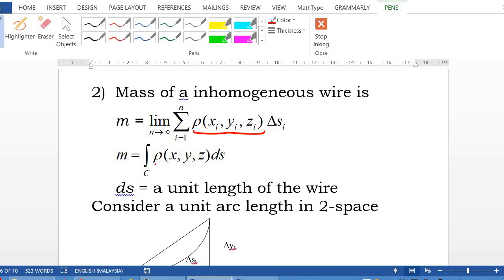If the integrand represents a density function, this line integral of a scalar field represents the mass of a thin wire in 3D space. If the density function is only in x and y, then this is the mass of a thin wire in 2D space.